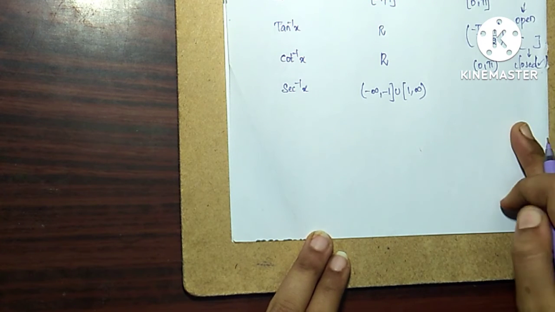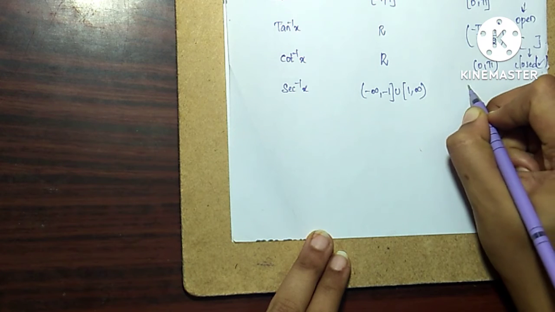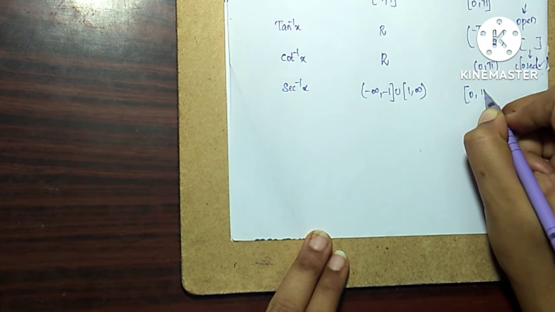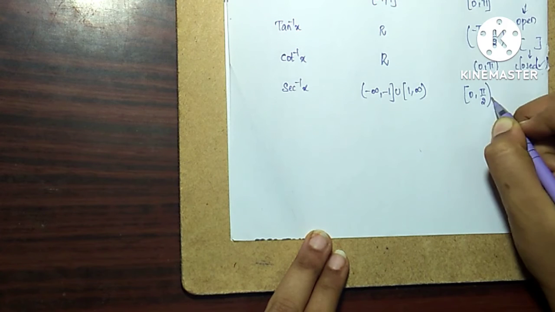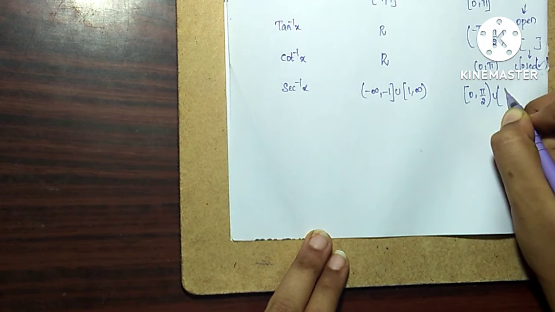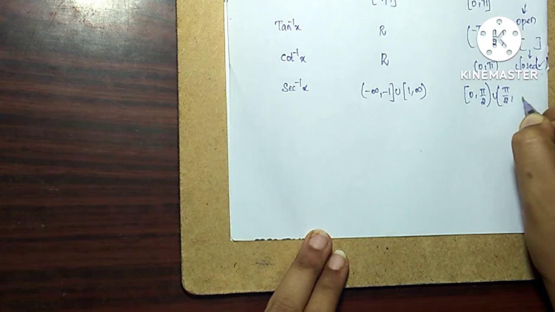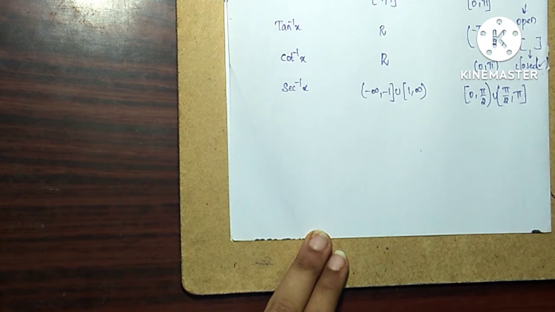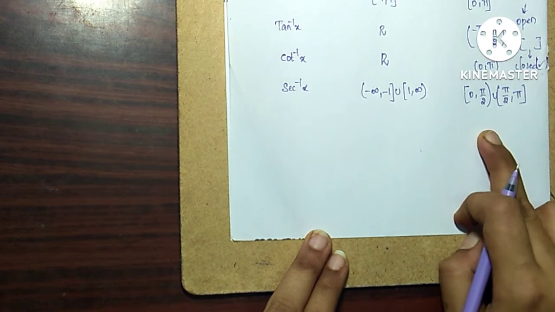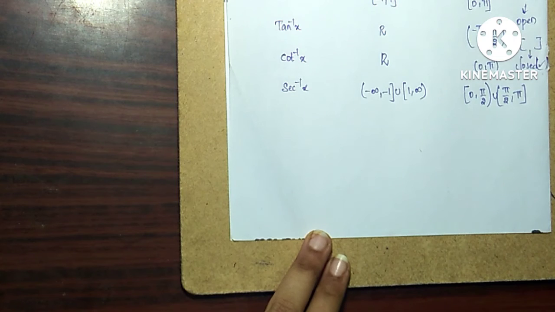Now the range of secant inverse x is closed bracket 0 comma pi by 2 open bracket union open bracket pi by 2 comma pi closed bracket. This is the range of secant inverse x.